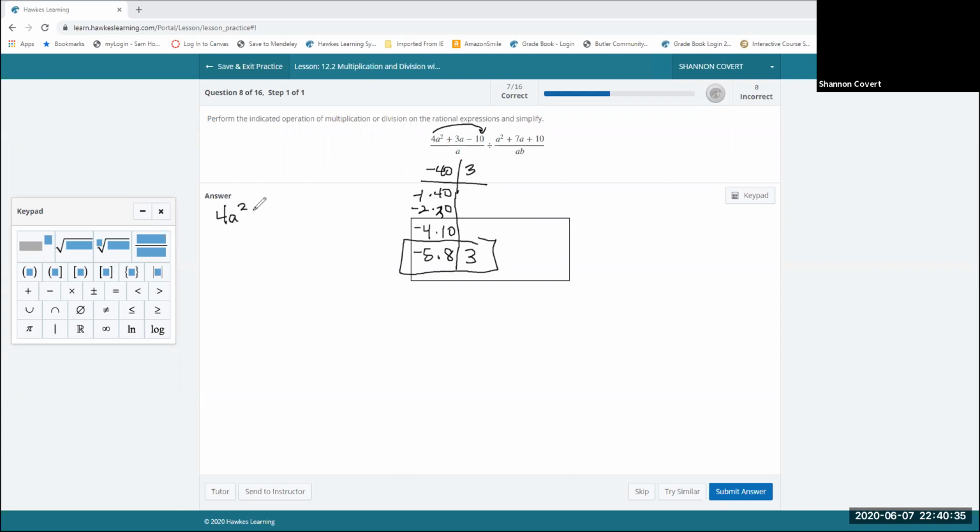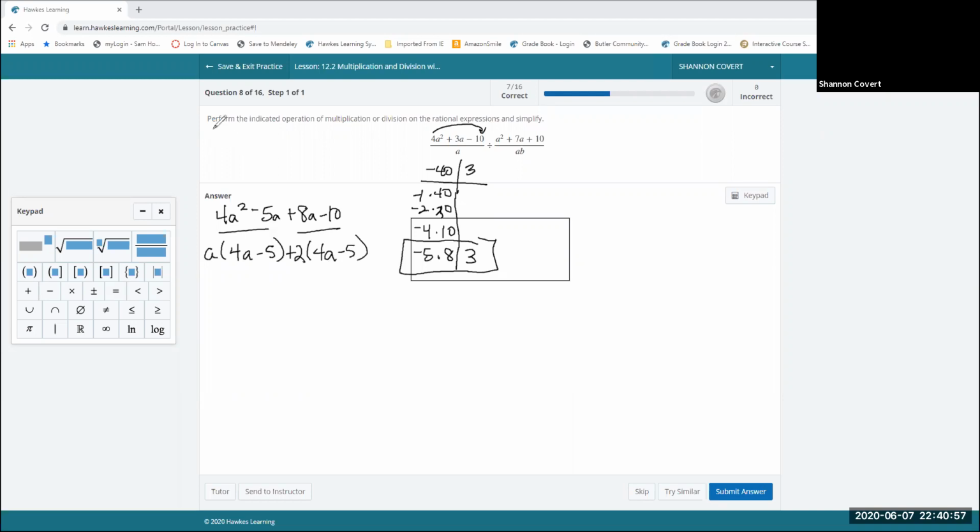So we'll have 4a² − 5a + 8a − 10. Greatest common factor between the first two is an a, leaving me with 4a − 5. Greatest common factor between the next two, between 8a and 10, is 2, which leaves me 4a − 5.